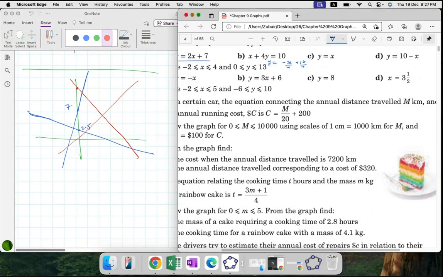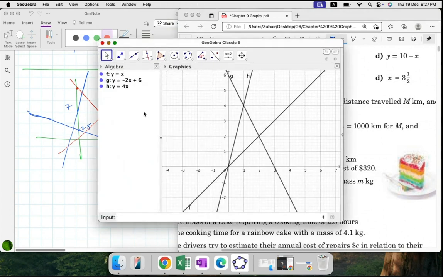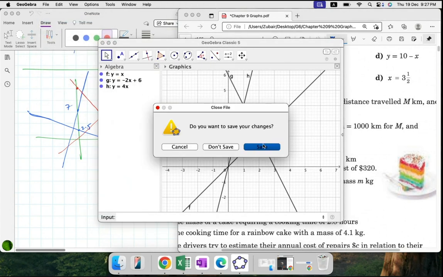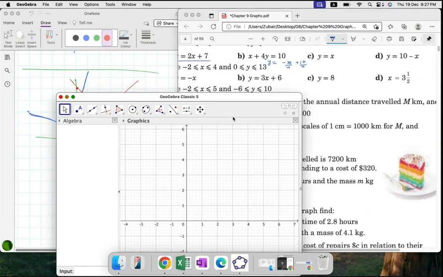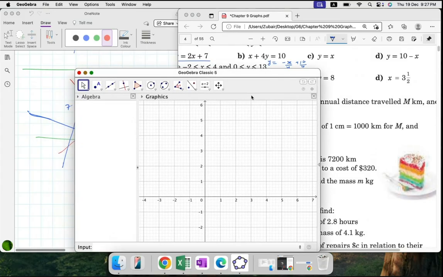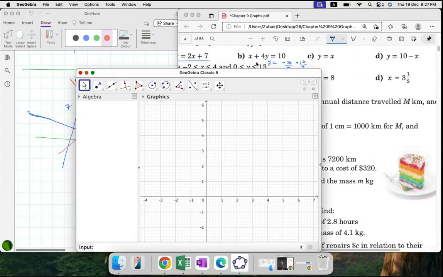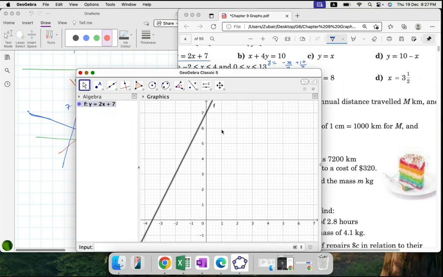Let's just draw these lines. First one is y equals 2x plus 7. We have intercept at 7.